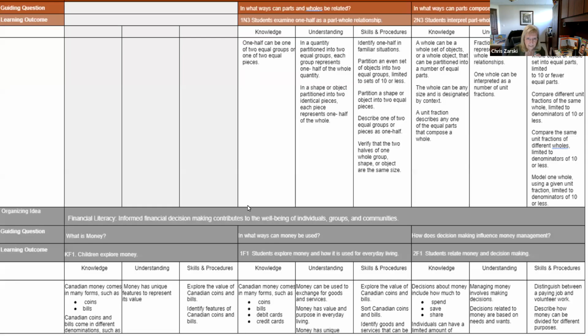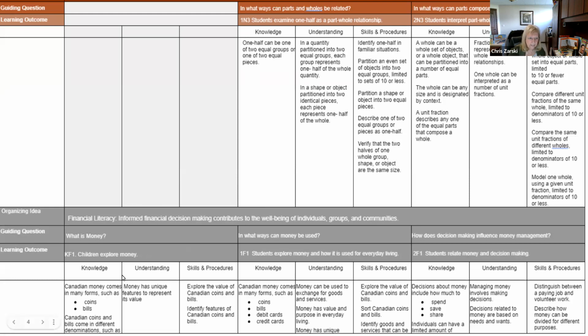What you'll also see in the document is embedded for kindergarten to grade 3. The gray components belong to the health and wellness component of our new curriculum, the phys ed and wellness. And this is the financial literacy component of that curriculum.